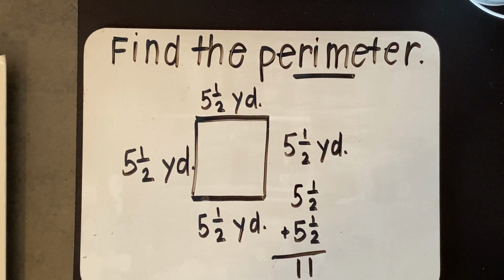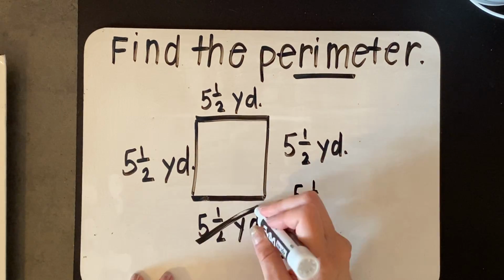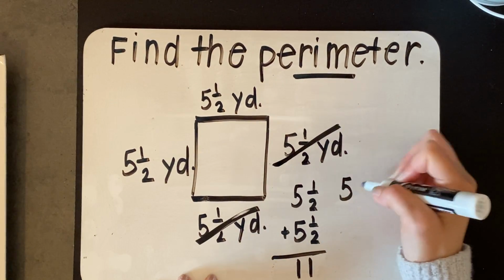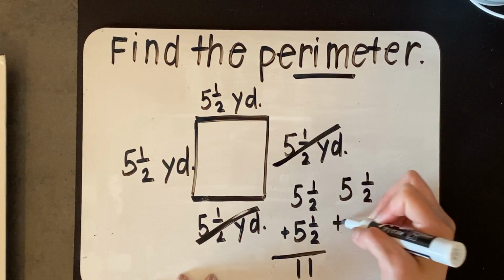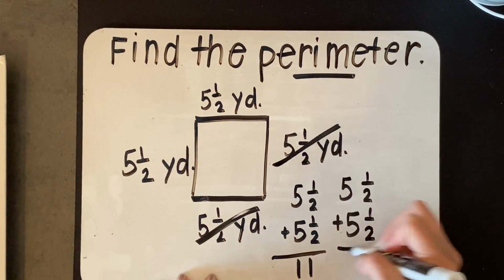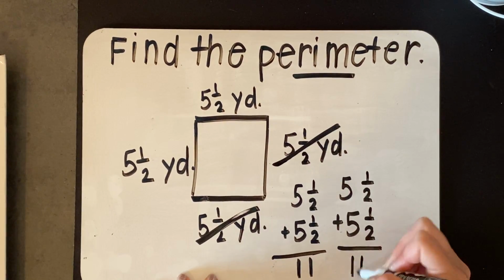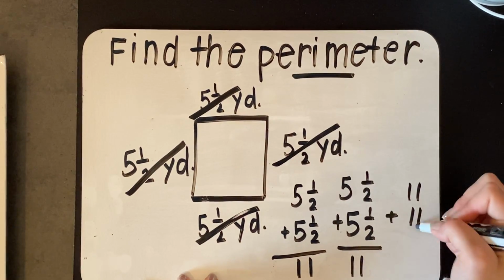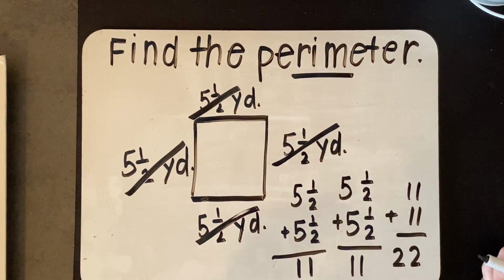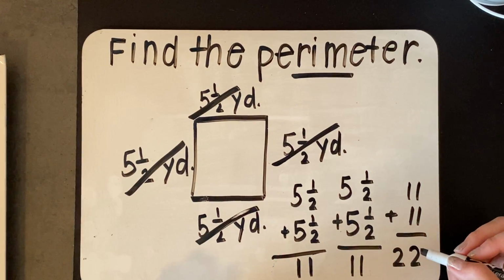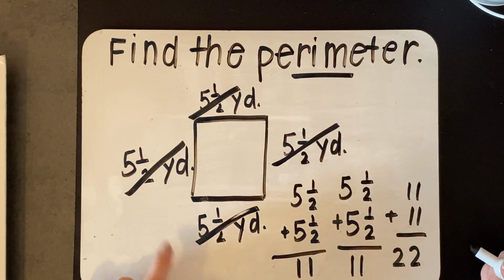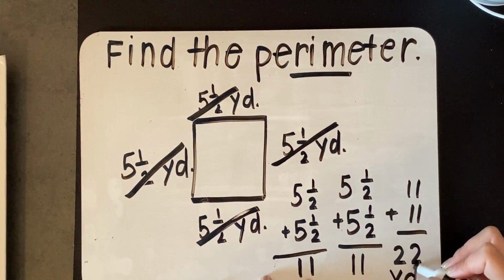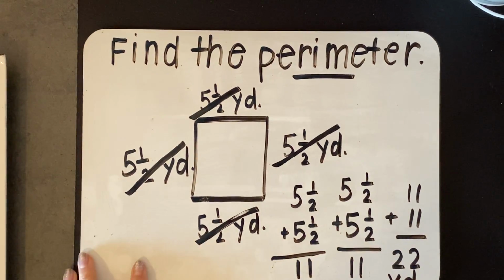So 5.5 plus 5.5 equals 11. I need to do the same for the other 2 side lengths. And then I can add them together. 11 plus 11 equals 22, and our label is going to be yards.